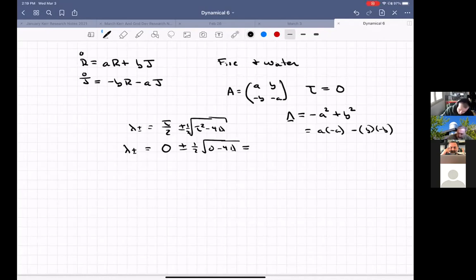All right. So our formula for the eigenvalues is trace over 2 plus or minus the square root of half, trace squared minus 4 delta. So I have the half kills the 4, right? So lambda plus or minus is plus or minus the square root of A squared minus B squared.